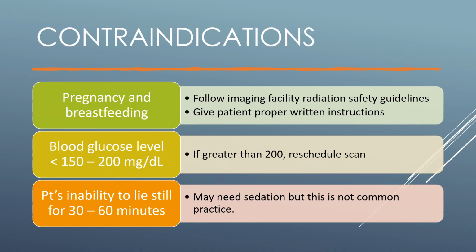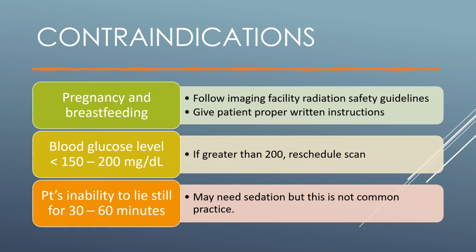Now, if somebody's glucose is really high, you can't do the test. This blood glucose level is going to vary a little bit per facility. And typically, if it's greater than 200, you will want to reschedule the scan. For brain scans, there's a little bit lower threshold than oncologic studies.